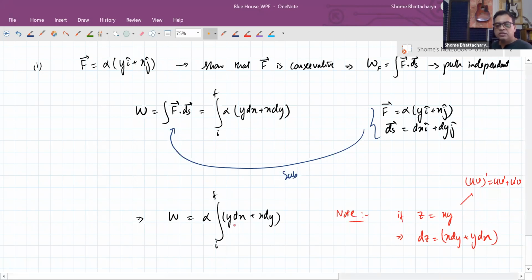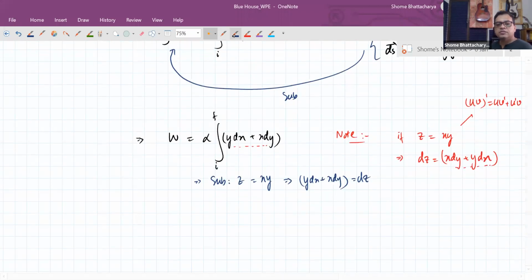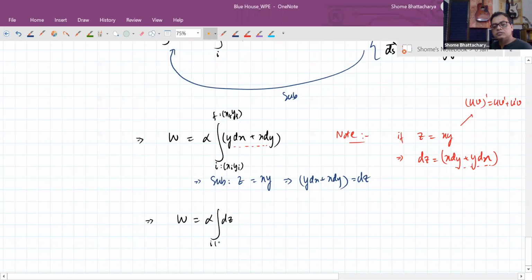Okay. So now you notice that this quantity is nothing but this. Okay. So we can do this substitution here. So therefore, substitute z as product of x into y. So y dx plus x dy will just become dz. And let's say we are going from some initial position, which is xi to some final position, which is x final, y final. So this whole thing becomes this. Okay. Now integration of dz is nothing but this, another indefinite integration.